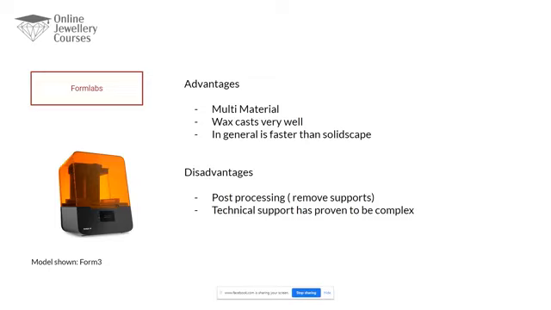Regarding multi-material and open material: multi-material means you can use more than one material. Open material means you can put whatever material you want inside. This is like a marketing or commercial policy from some 3D printers. Some manufacturers will tell you, use my material only. If you use somebody else's material, you lose the warranty.